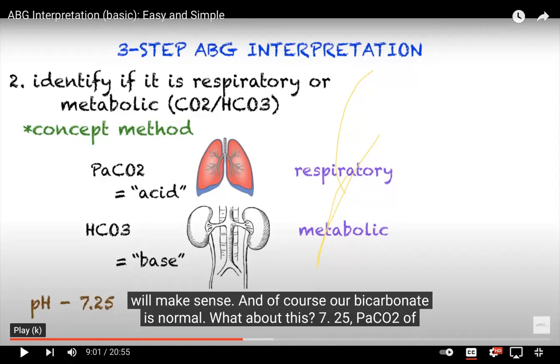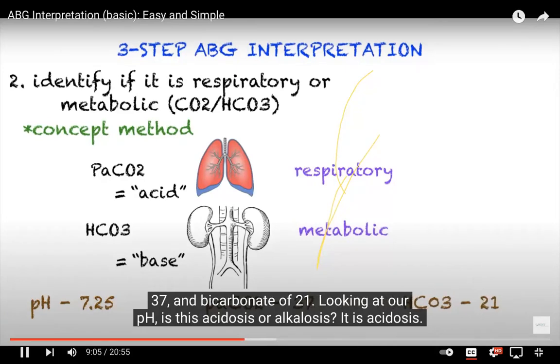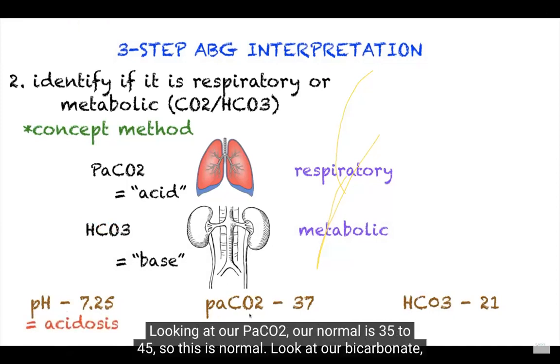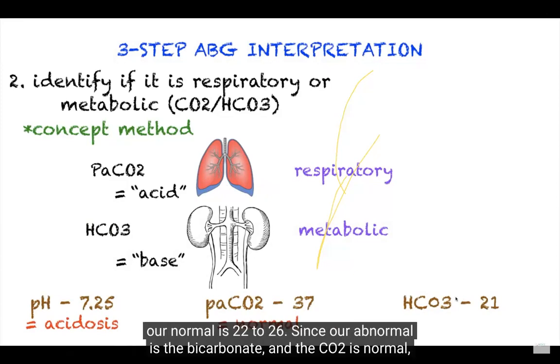Here's another example. pH 7.25, PaCO2 of 37, and bicarbonate of 21. Looking at our pH, is this acidosis or alkalosis? It is acidosis. Looking at our PaCO2, our normal is 35 to 45. So this is normal. Looking at our bicarbonate, our normal is 22 to 26.